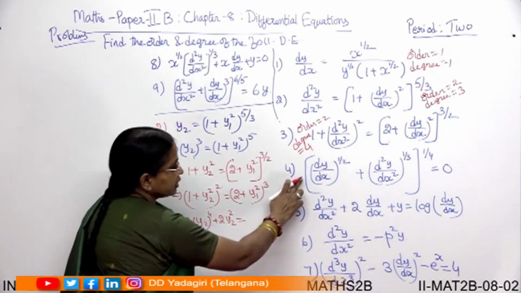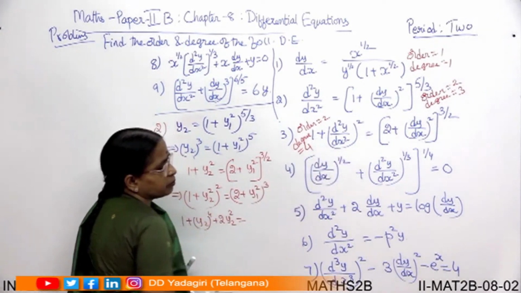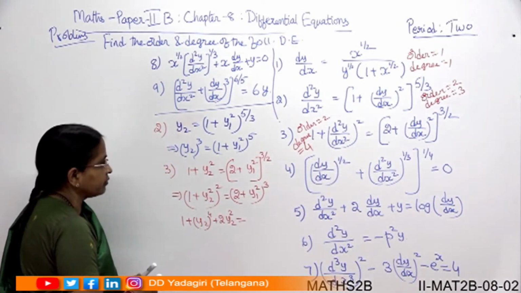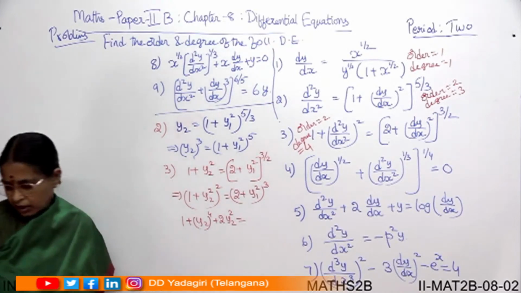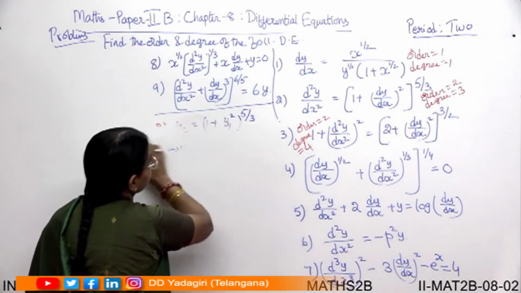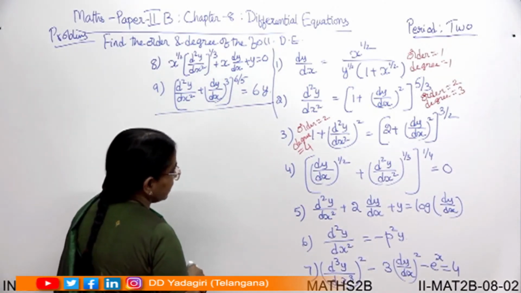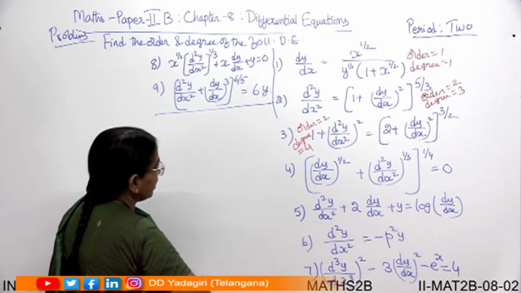Okay. Now if you see the fourth problem, you have all fractional powers only, but on the right side you have 0. So it is very easy to get it in the standard form. So what can you do here? It is like dy by dx whole to the power half.